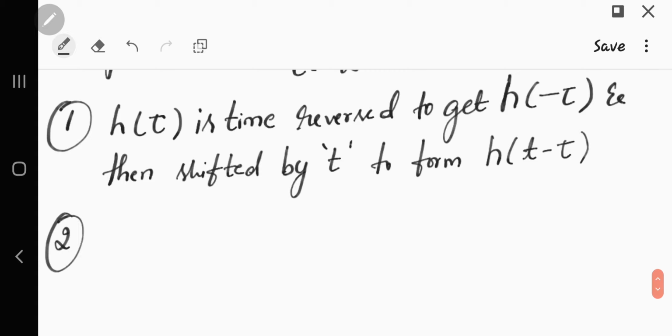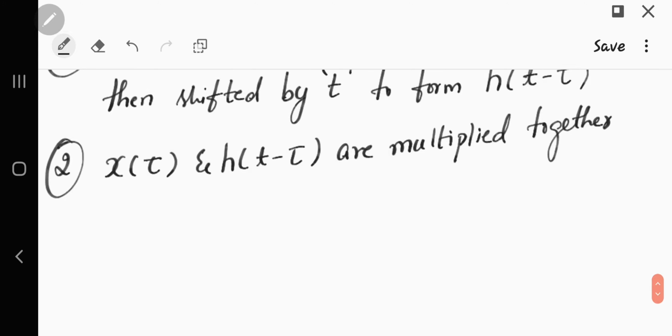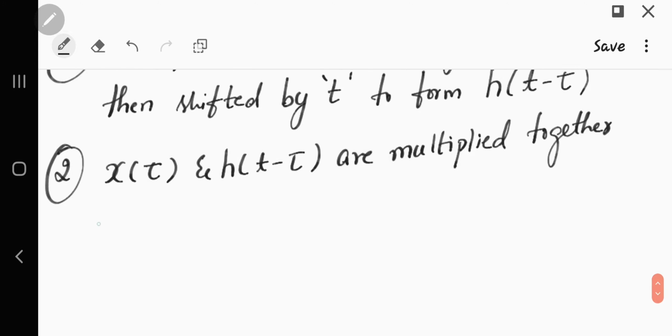Next, in the second step, the signals x of tau and h of t minus tau are multiplied together. Why multiply, and for which values?